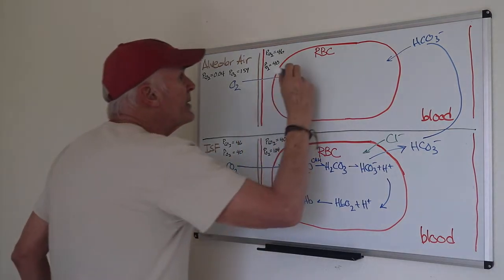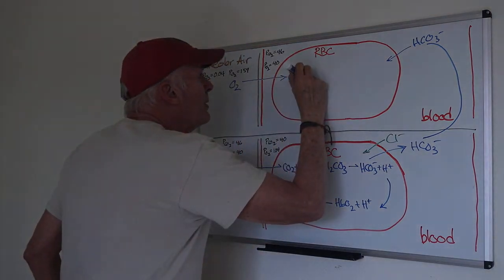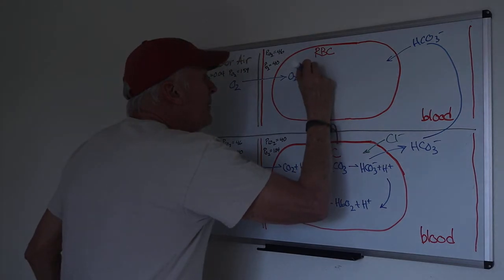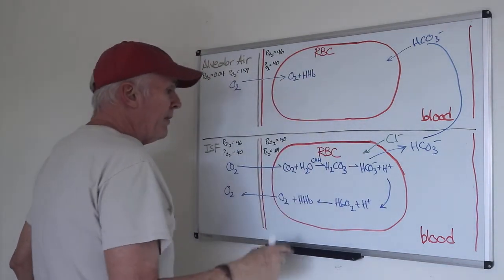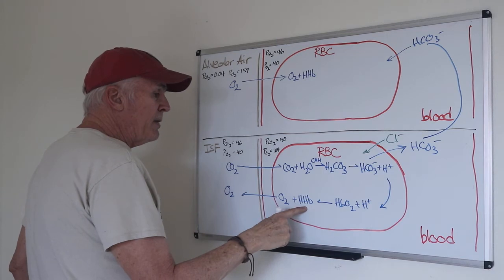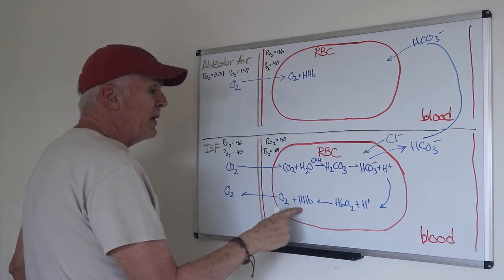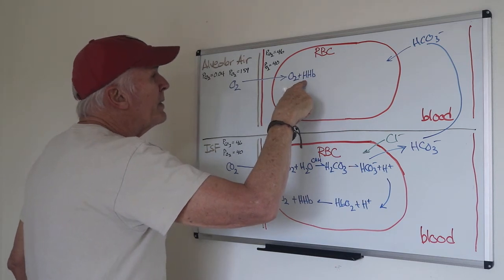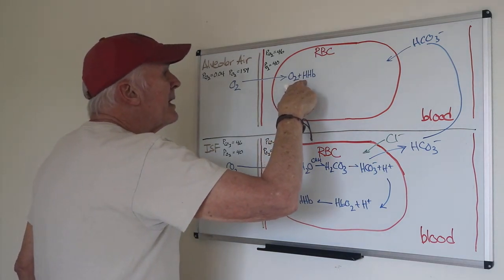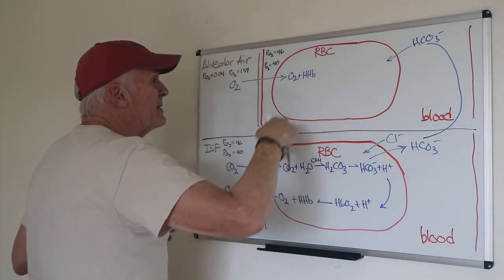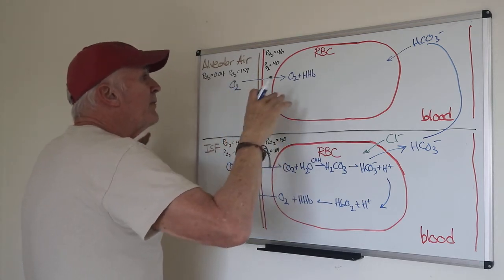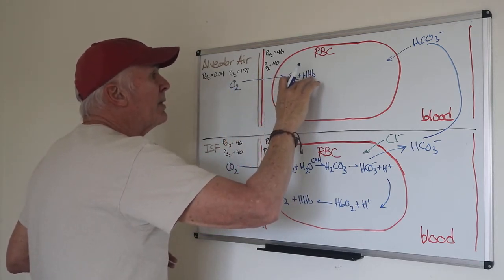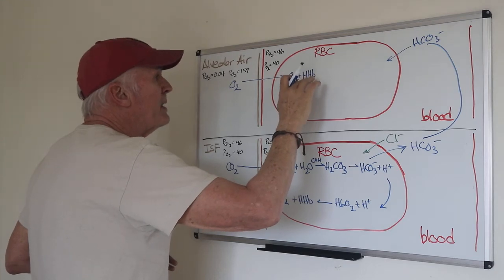So now we have, once again, a hemoglobin, HHb. This is hemoglobin that got rid of the oxygen. Remember, we ended down here with hemoglobin that had gotten rid of the oxygen and picked up a hydrogen. So here we have HHb again. Well, what's going to happen in this case? Under these circumstances, the reaction is going to favor oxygen kicking the hydrogen off of the hemoglobin.